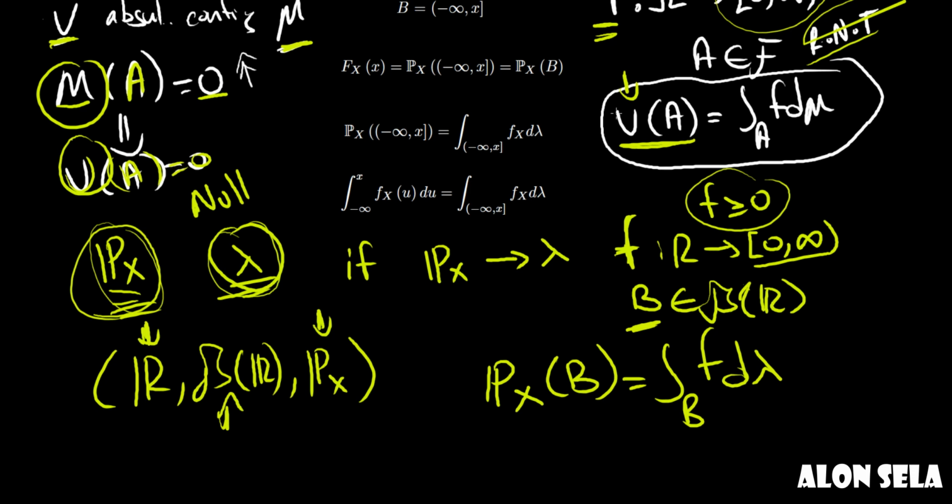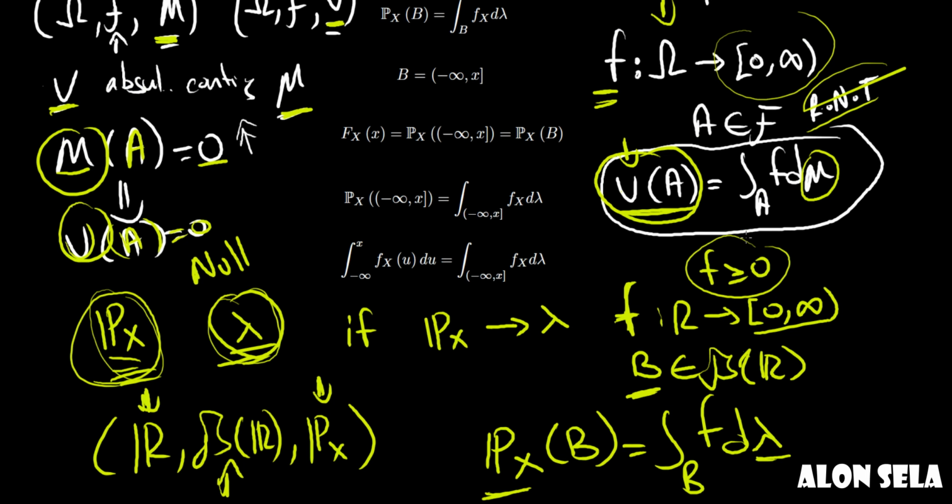Just a quick look: here we said that nu is absolutely continuous with respect to mu. Here we are saying that the probability measure given by x is absolutely continuous with respect to the Lebesgue measure. So this is the first step to understand.